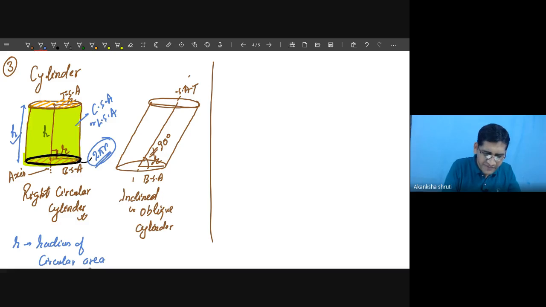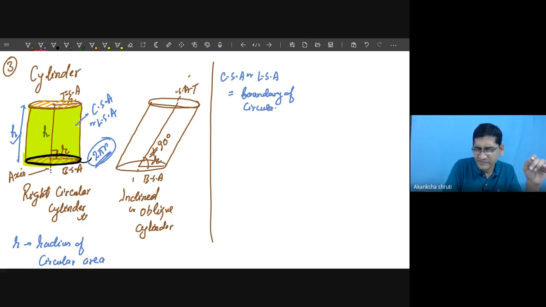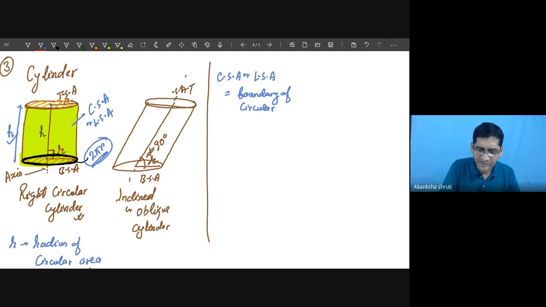So curved surface area or lateral surface area is equal to the boundary of the circular area, meaning the circumference. It is important to understand this boundary, it will help you remember the formula if you are getting confused. This is the boundary length, student.